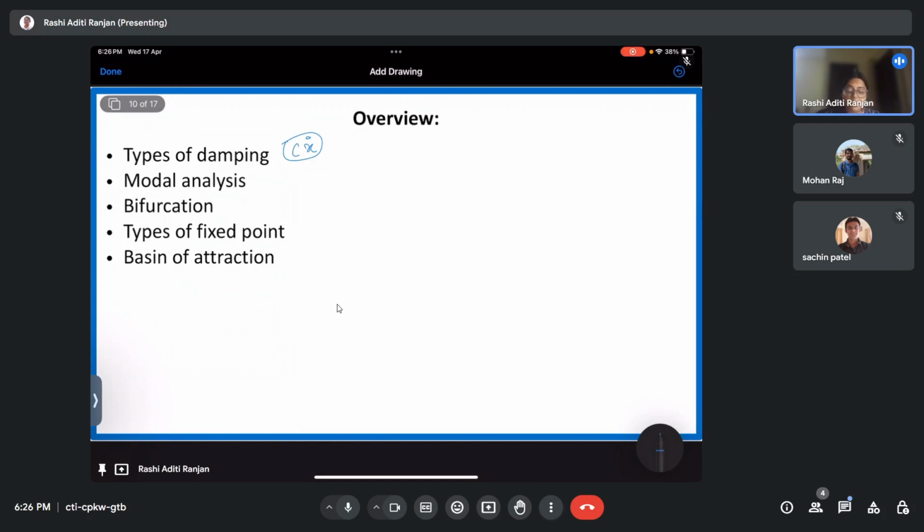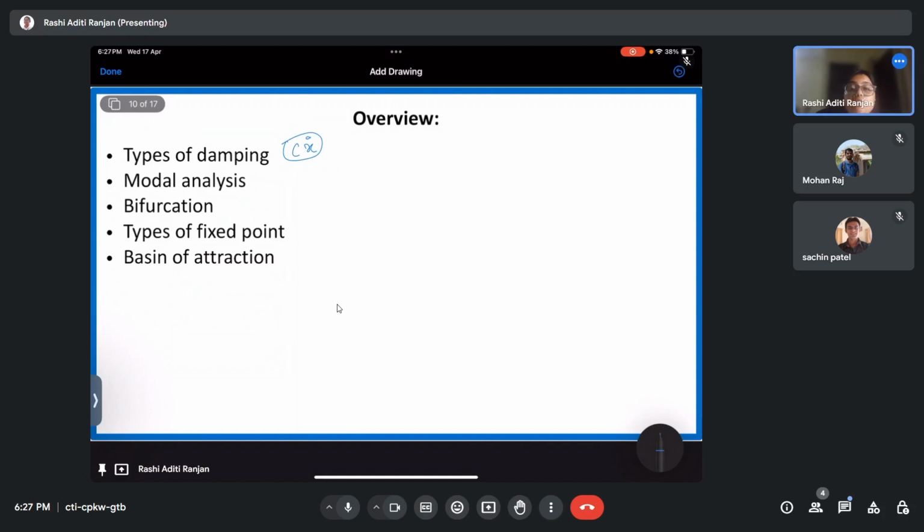And then comes the bifurcation. So we have discussed different kinds of bifurcation, like the saddle node bifurcation. We discussed the pitchfork bifurcation. Pitchfork bifurcations were further of two types: supercritical pitchfork bifurcation and subcritical pitchfork bifurcation. In both these bifurcations, what was seen is that three branches were occurring, either stable or unstable.